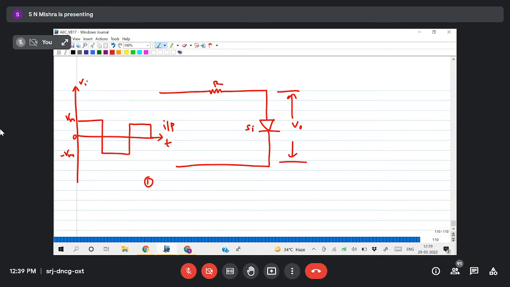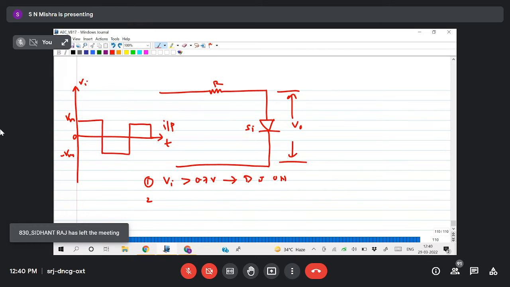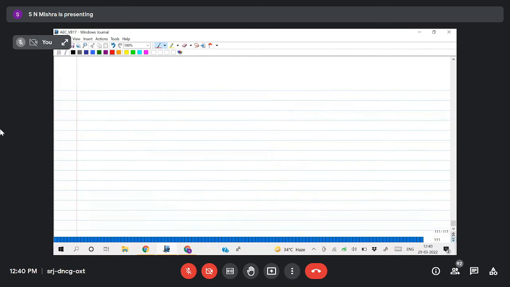So the first condition is Vi greater than 0.7 volt, then D is on. Vi less than 0.7, then D is off.